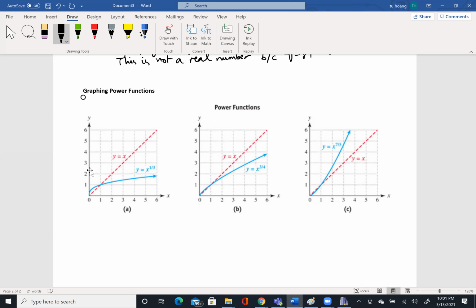So you can see down here I have 3 graphs. The first one is x to the power 1/3, and x to the power 3/4, and x to the power 7/5, right?